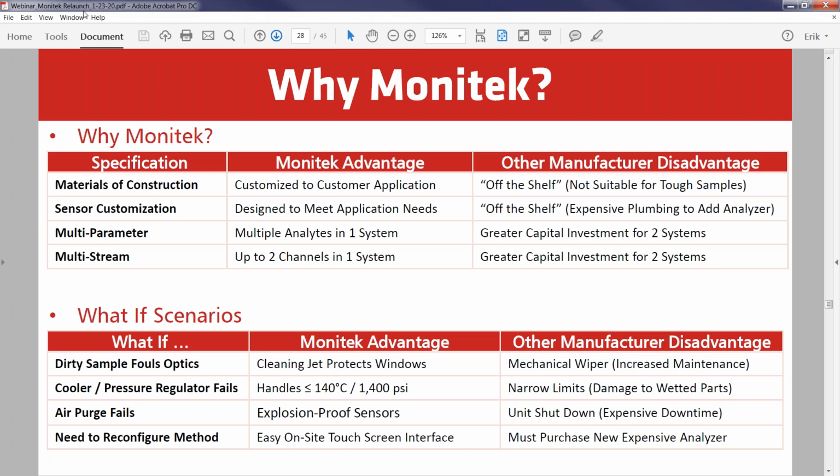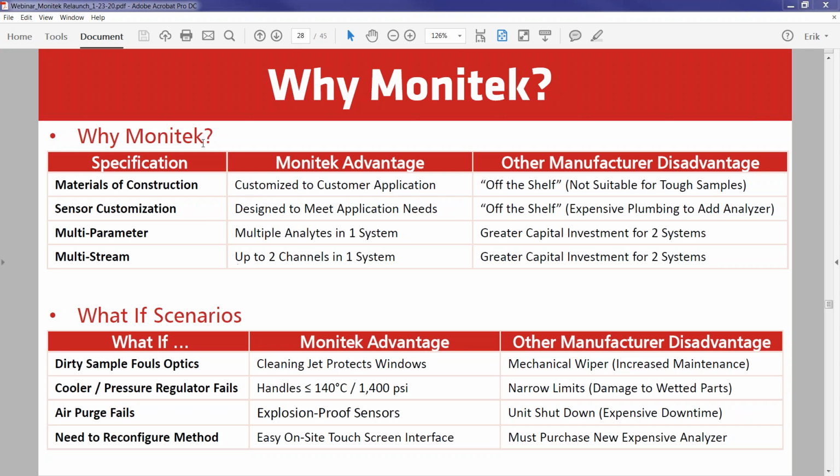We can do things that are a little bit different than other people, and do it effectively and efficiently, which also means we have sensor customization to meet the application requirements. So it's not just, here's your transmitter, here's your sensor. It's what do you need to do, what are you trying to accomplish, and we can help you get the measurement you require when you need it, with the accuracy and the response you require.